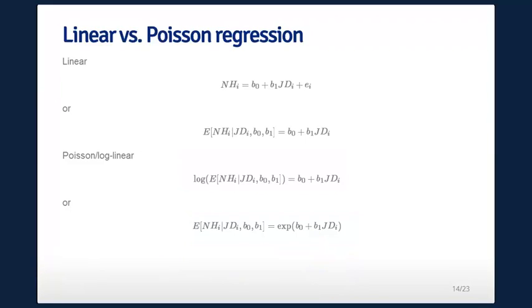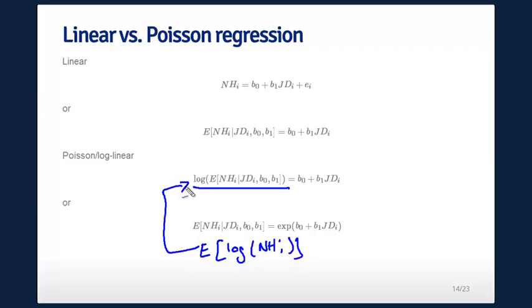I just want to add, it's not on the slide, but there's the other option of modeling the log counts, right? And how is that different? That is a model on expected value of the log of the number of hits, right? Which differs from what the Poisson model is accounting for, because expected value and log can't switch.